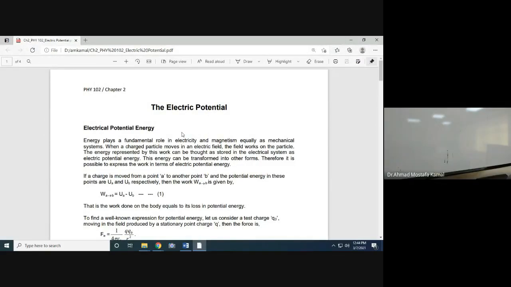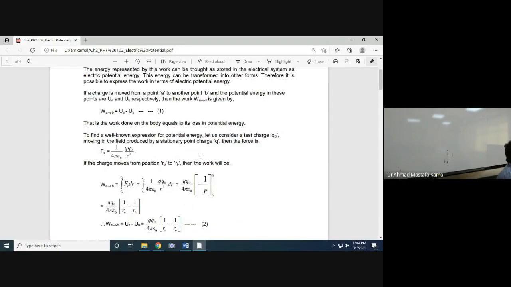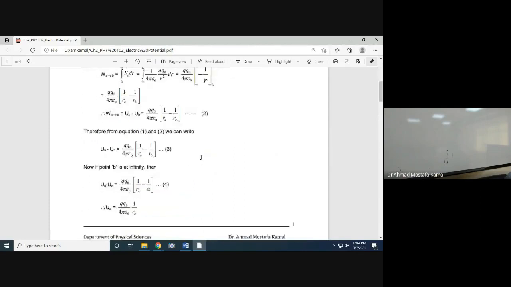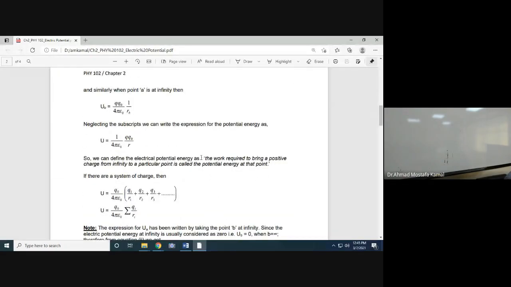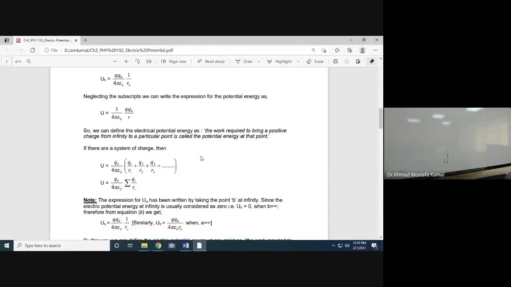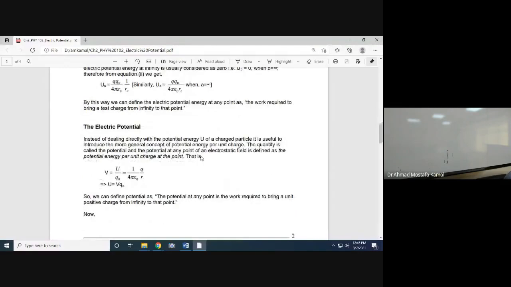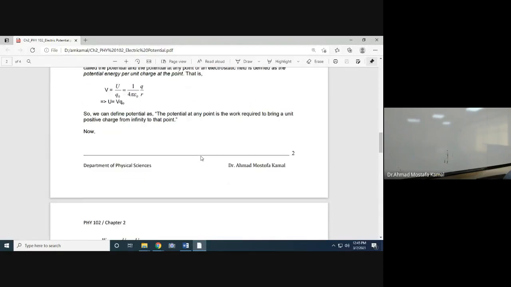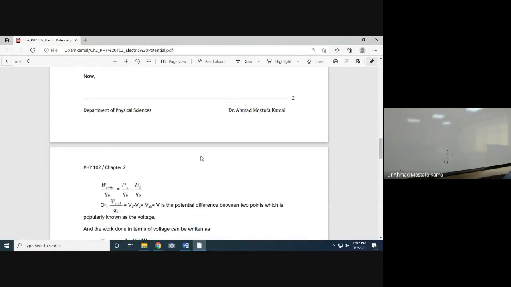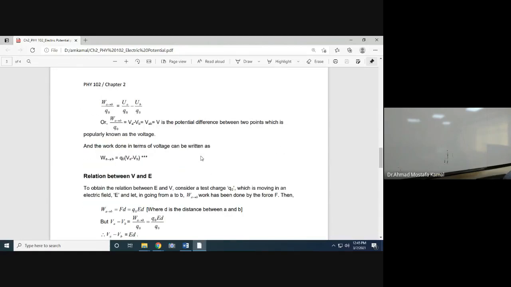We were talking about the electrical potential, and we started with electric potential energy. We derived this expression of electrical potential energy by considering two special cases. Then electric potential was defined in terms of energy, as a kind of energy per unit charge, and the mathematical expression was found.